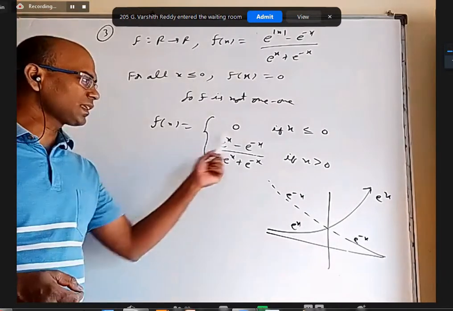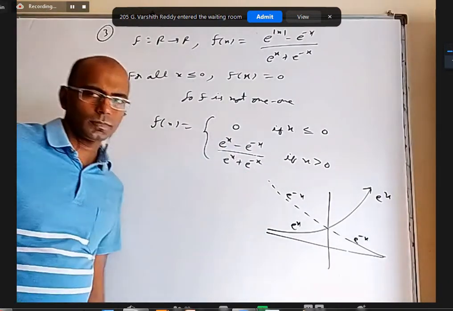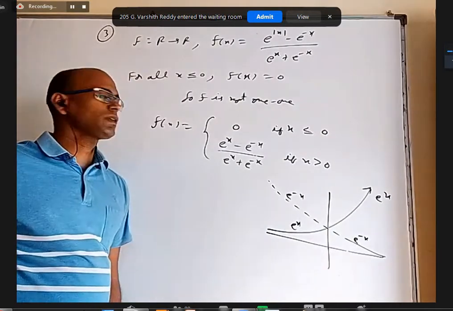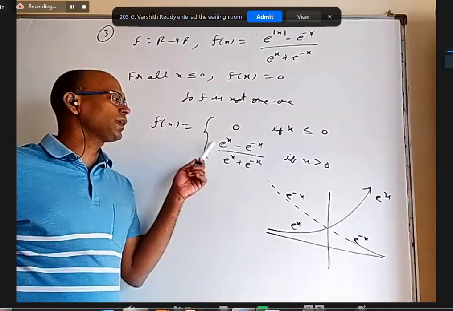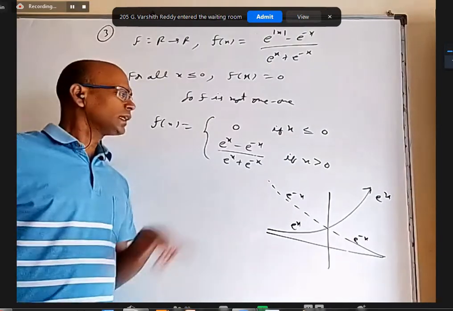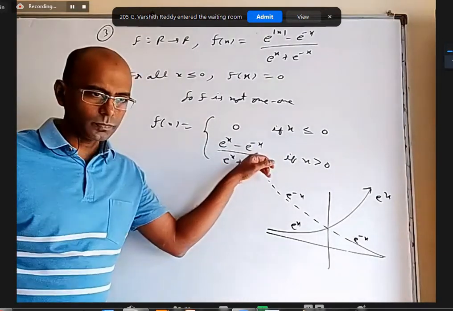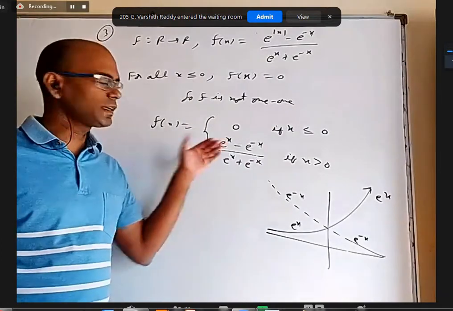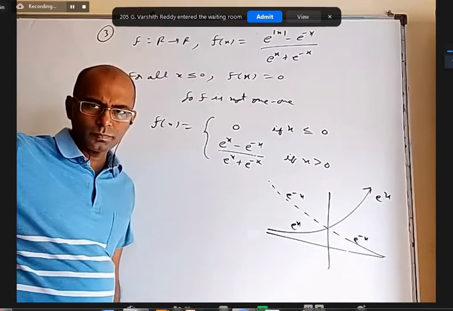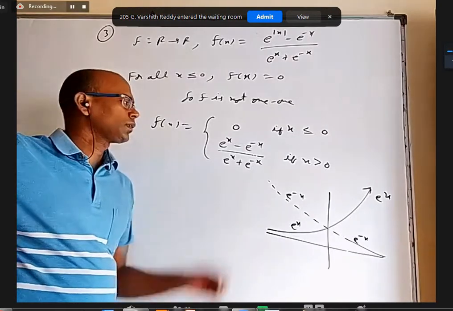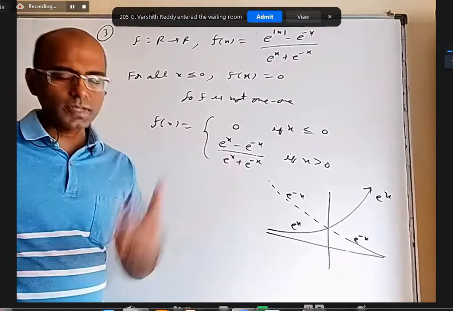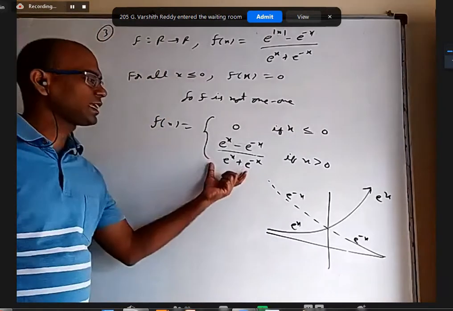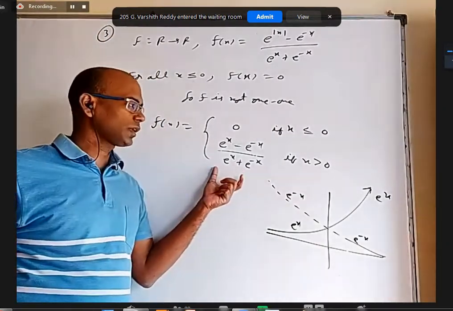Anybody want to tell what is the range of this? Less than 1. Yeah, it is less than 1. You can use the simple logic that the numerator has something minus something, the denominator has something plus something. So the denominator is bigger. Something smaller by something bigger, both positive, will be less than 1. So actually the range of this is the open interval 0 to 1.